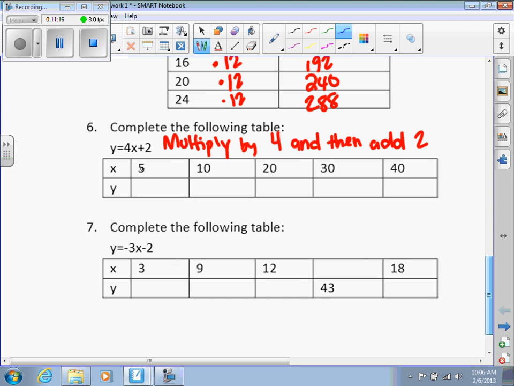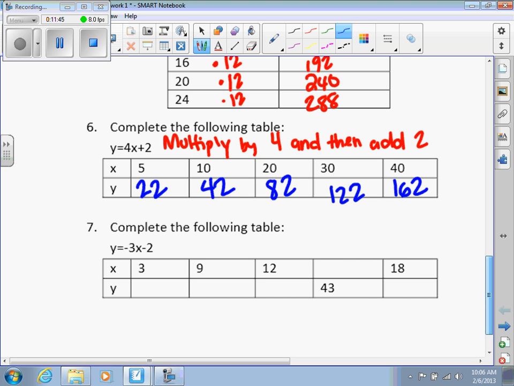So if I take 5, I multiply by 4 and then add 2, what do I get? 22. If I take 10, multiply by 4 and then add 2. If I take 20, multiply by 4 and add 2. If I take 30, multiply by 4 and then add 2. Yes. 40, multiply by 4 and then add 2.